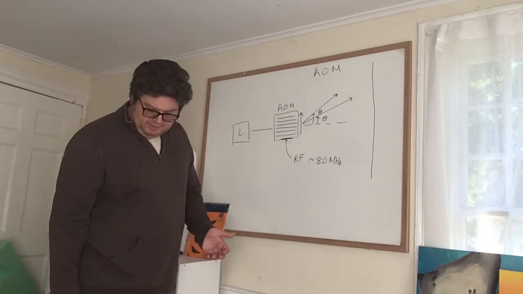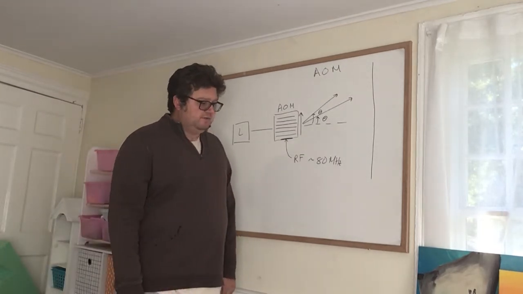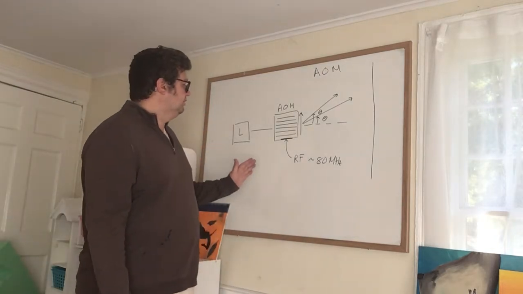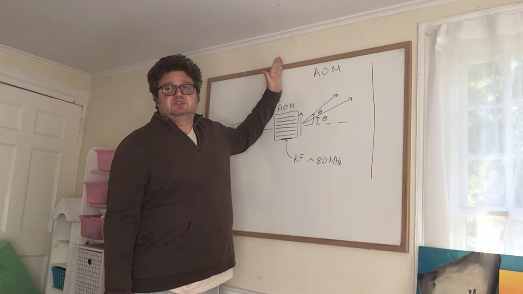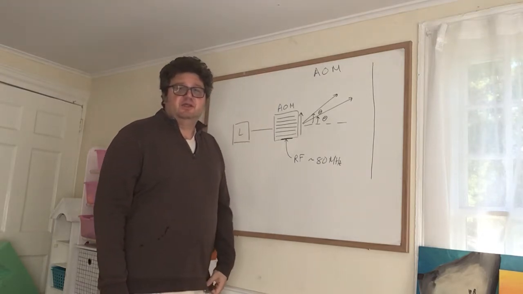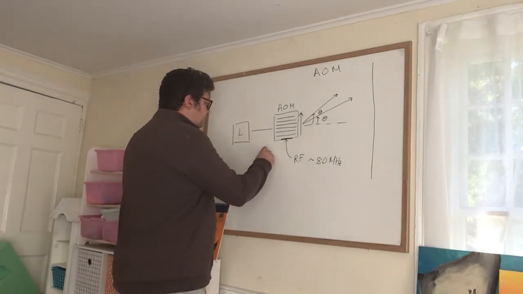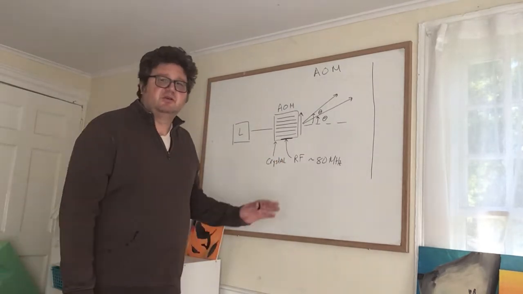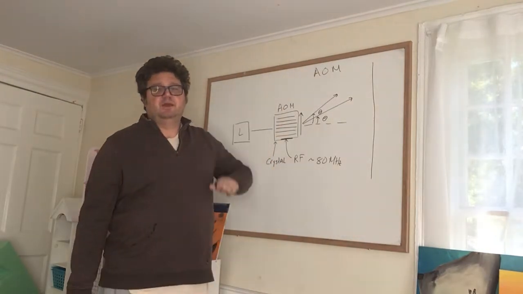Okay, so now the thing about the sound wave is that the sound wave is moving this direction with the velocity of the sound in a crystal. So it's moving in a crystal up this way.